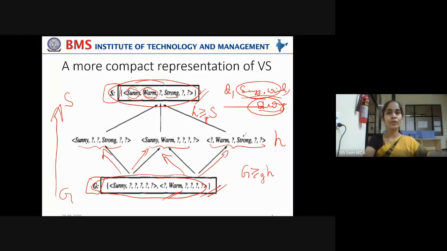How did it learn? Only by going through the training examples, observing each and every training example. Now these intermediate hypotheses are less general than the G boundary set and more general than the S specific boundary set. I'm repeating again, the intermediate level H is less general than the G boundary set and more general than the S specific boundary set. Okay.